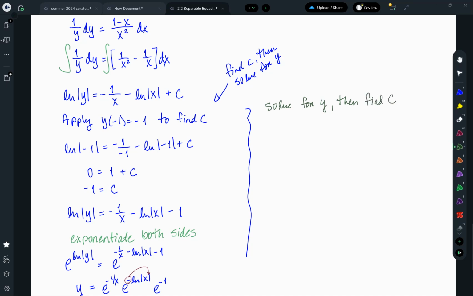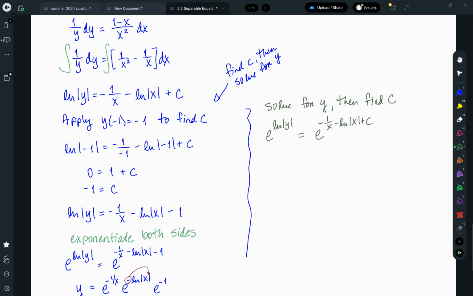Just so you can see that both ways work, but there are little nuances for each one. So if I solve for y first, I'm going to exponentiate both sides again. So I get e to the ln of the absolute value of y equals e to the negative 1 over x minus the natural log of x plus c.